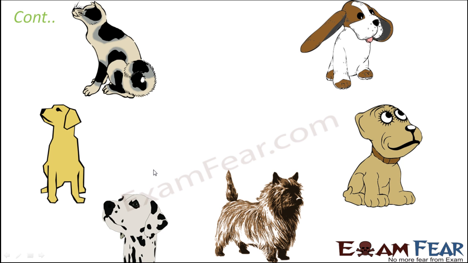So some of them have a lot of fur, some of them are very small in size, some of them have long ears, some of them have got patches over their body. So all these different physical and morphological traits appeared due to the mixing of traits between two different varieties of dogs.